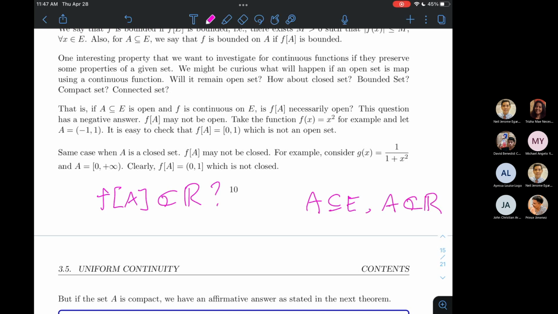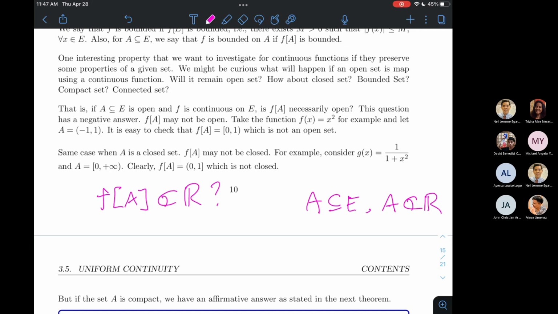So kung meron kang isang open set, pagka ba yung mga elements ng open set na yon ipinasok ko dun sa function f, yung makukuha ko bang image nung open set na yon ay open pa rin? Remember, sa pagiging open, dapat lahat ng points na interior. Ibig sabihin, dapat merong epsilon neighborhood around all members of that set that is properly contained in the set itself.